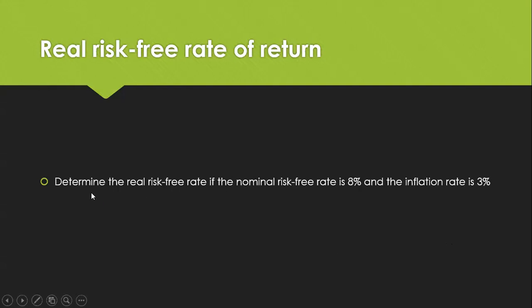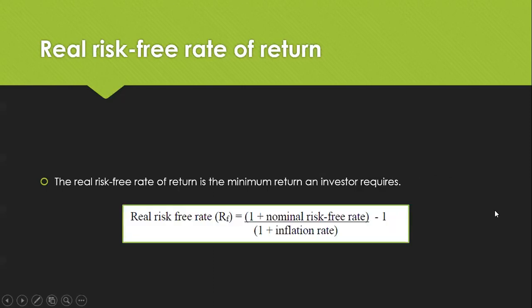So let's have this example. Determine the real risk-free rate if the nominal risk-free rate is 8% and the inflation rate is 3%. Now let's go back to our formula. Again, to compute for real risk-free rate, that is 1 plus nominal risk-free rate over 1 plus inflation rate, minus 1.